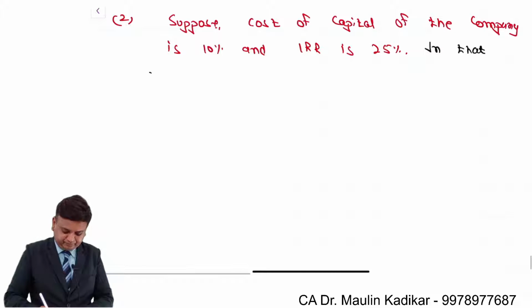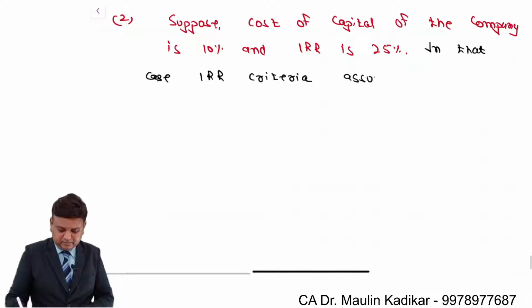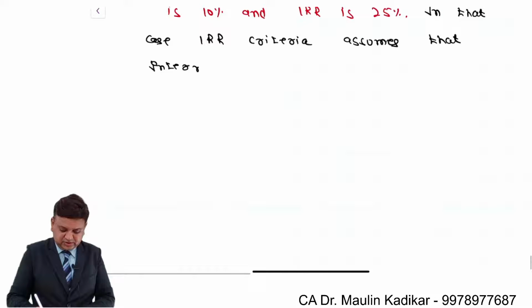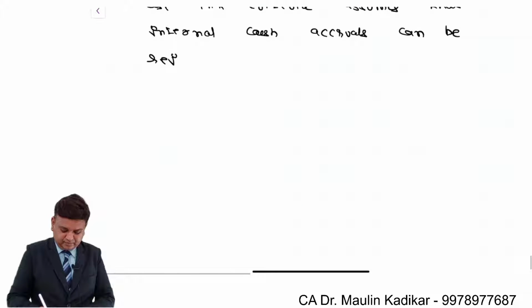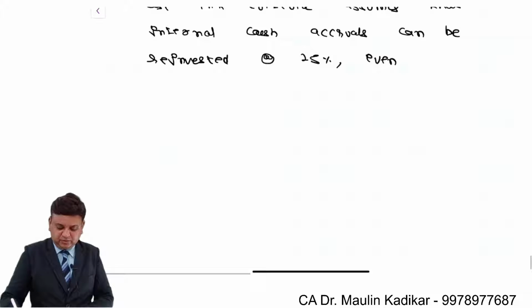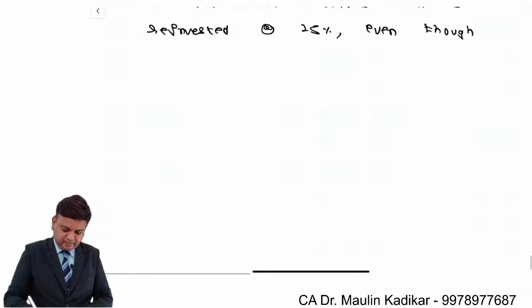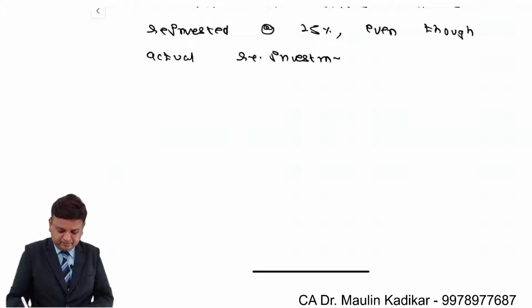In that case, the IRR criteria assumes that internal cash accruals can be reinvested at the rate 25%, even though actual reinvestment is possible at 10%.